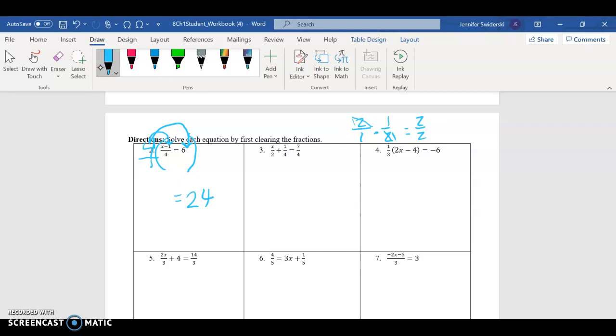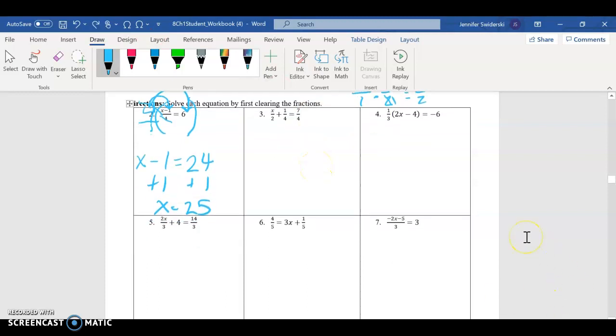The same thing is going to happen here. These 4's are going to eliminate. So I'm just going to be left with x - 1 = 24. Now I'm going to add 1 to both sides. And I get x = 25. Clearing fractions.